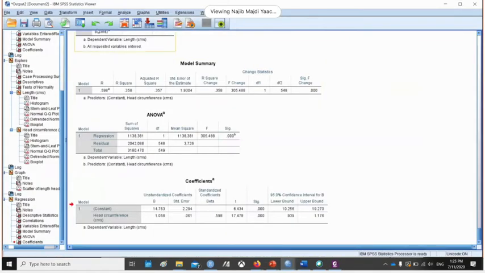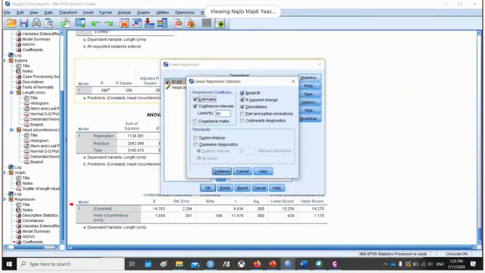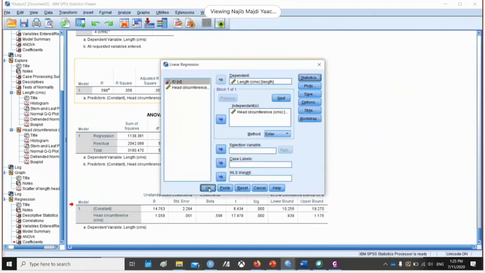So when we perform the linear regression under statistics, by default, model fit has been checked. Make sure this is checked.